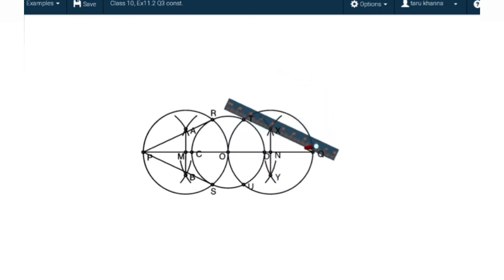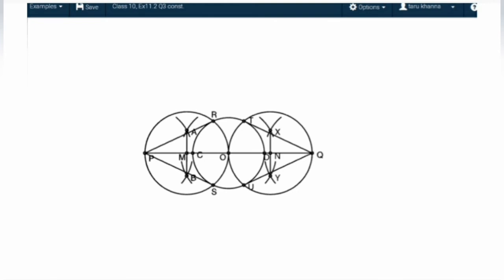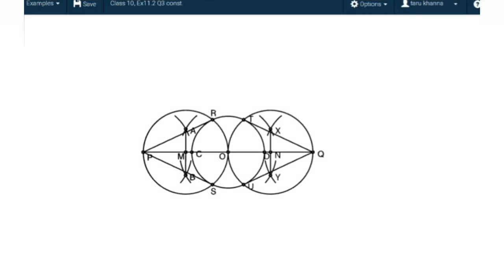Then QT and QU are 2 tangents to the circle from point Q. So we have drawn a pair of tangents to the circle from point P. PR and PS are the 2 tangents from external point P to the given circle, and QT and QU are the 2 tangents drawn from point Q, that is the external point, to the circle.